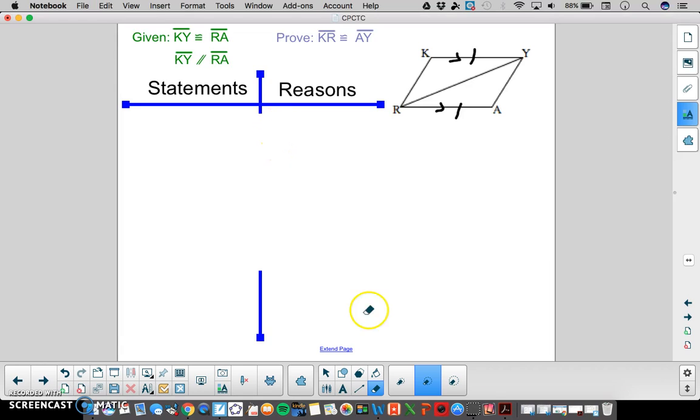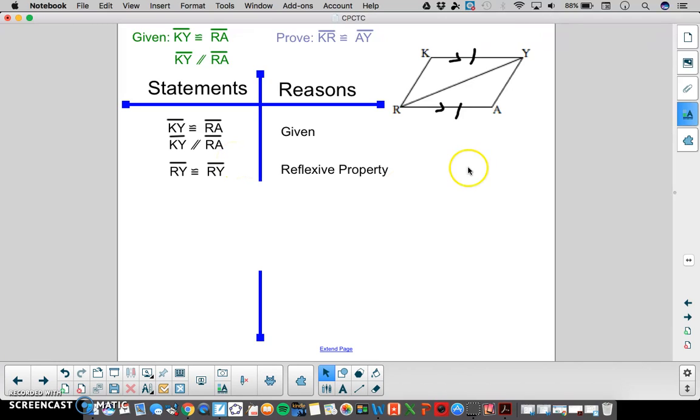So we'll start out with our given information, that KY is congruent to RA and KY is parallel to RA. We also know in this picture we have that shared side RY. So RY is congruent to RY by the reflexive property.